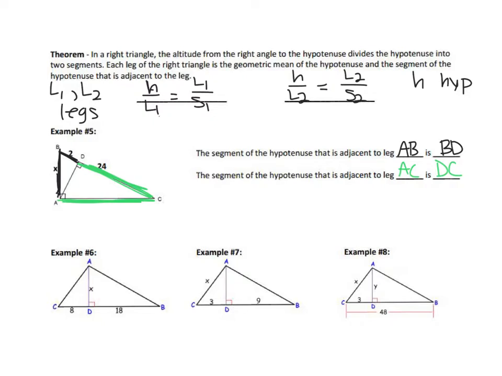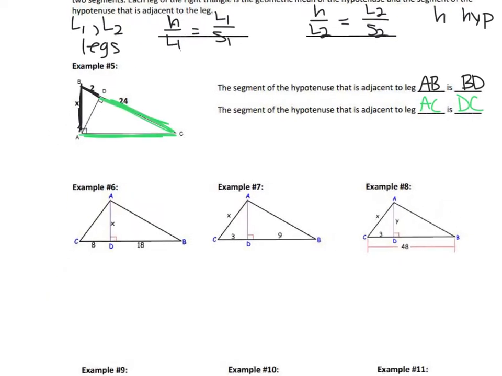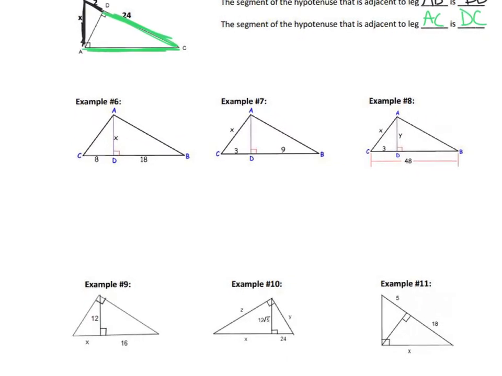So now we're going to use these different equations in some examples. In our first example, we have the altitude with length x and the two segments of our hypotenuse, 18 and 8. So we're going to use that first geometric formula that has to do with the altitude.